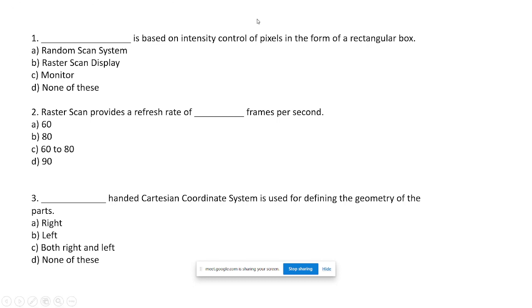So one question is: raster scan provides a refresh rate of, the options are 60, 80, 60 to 80, and 90. So option C will be the correct answer, right?